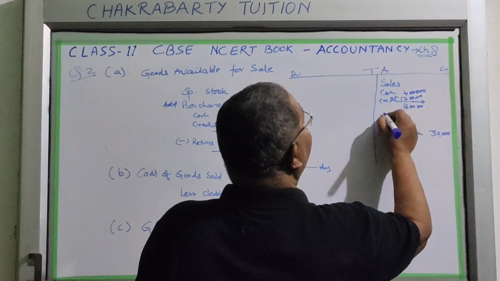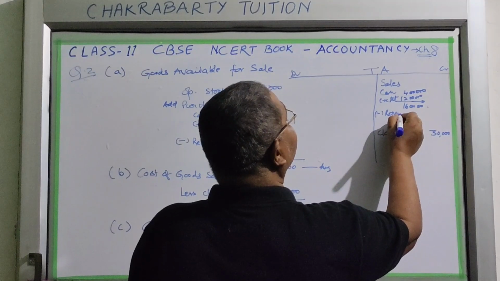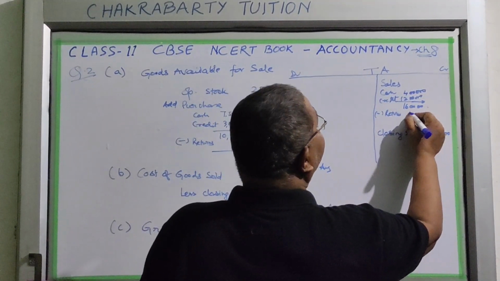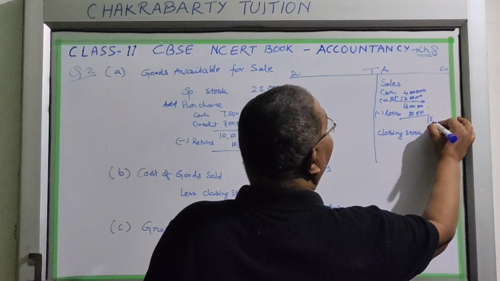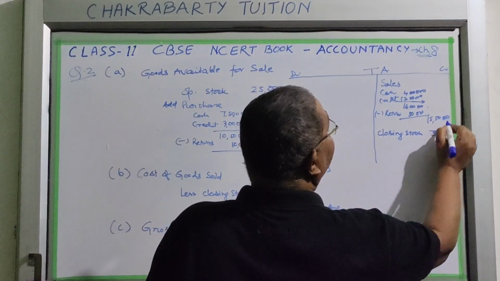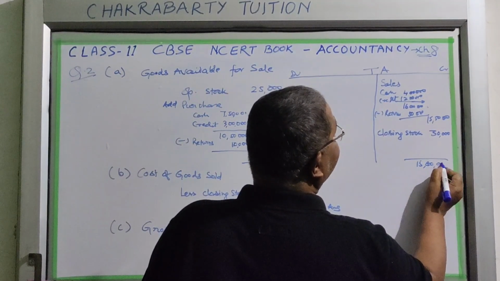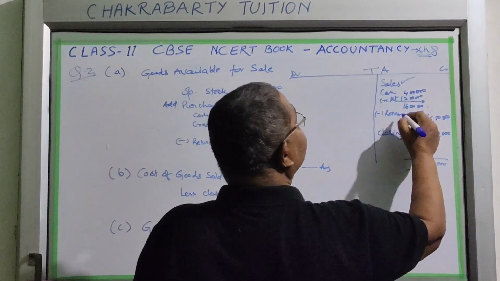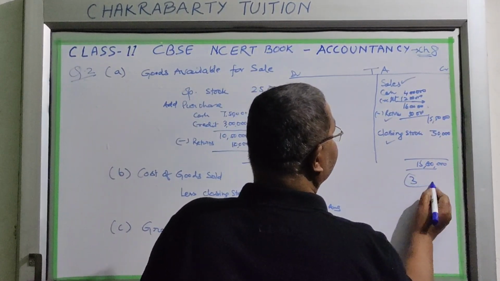Less returns, whatever sales have come back, will not be a part of the sales. Sales return is 50,000, so the outer column will be 15 lakhs 50,000, and the total will be 15 lakhs 80,000. Only 3 items come here: sales, returns, and closing stock.